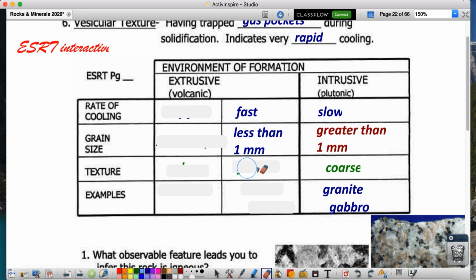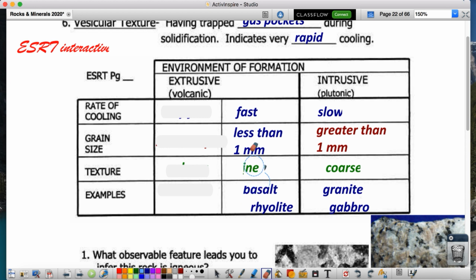Less than 1, what would that texture be? And your answer is, that's a fine texture. Now, please provide 2 examples of a rock that is extrusive and has a fine texture. Okay, your answers should have been basalt, rhyolite, and you also could have put andesite, which would have also been acceptable.